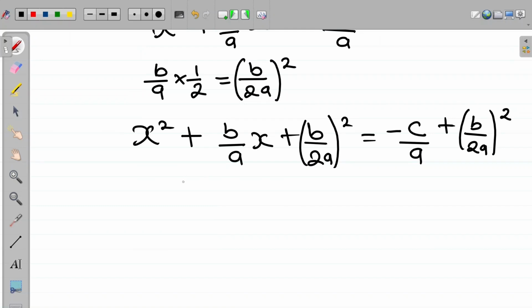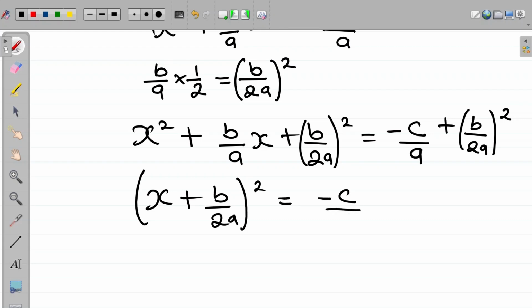From our left-hand side, we can factorize. We have that x plus b divided by 2a all squared is equal to minus c divided by a plus b squared divided by 4a squared, because 2a squared is equal to 4a squared.